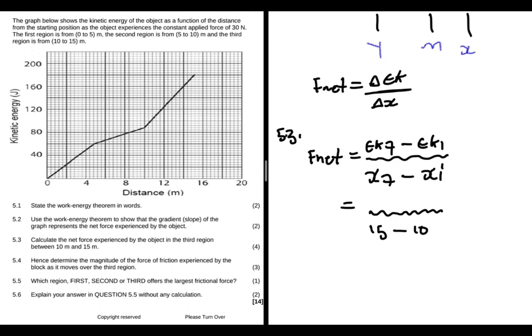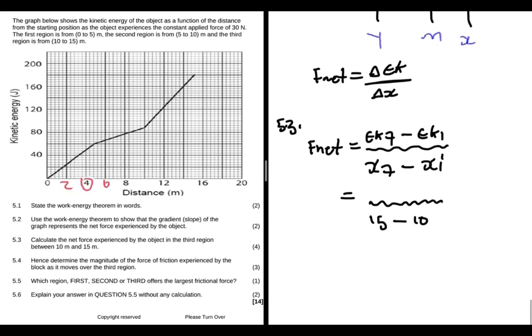Now let's find the corresponding EK values at 10. If this is 2, this is 4, then this is 6, and this is 8, so 10 is here. Let's go up and see where 10 is. Now let's look at the y-axis and see how the boxes and the numbers are pairing up.